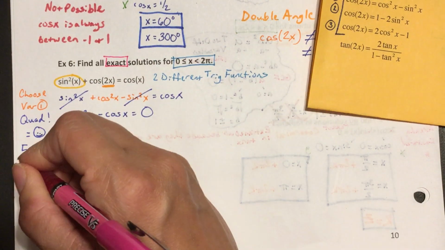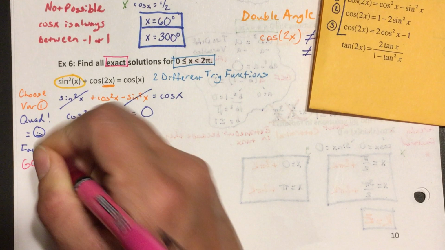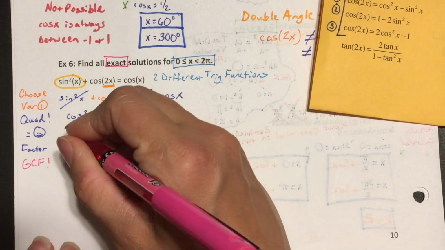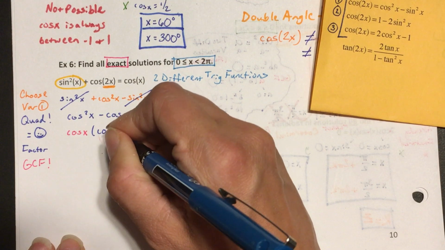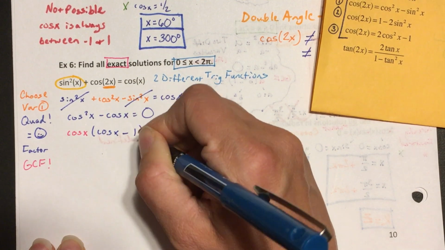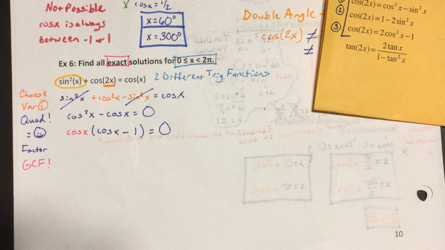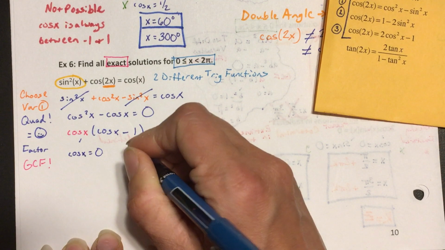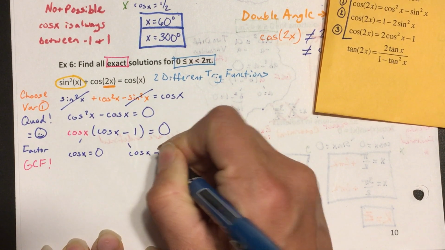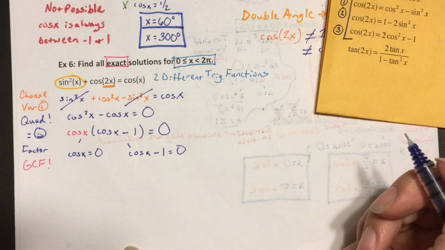Good old GCF. So we're going to take a cosine x out of both of those: cosine x times cosine x minus 1 equals 0. So now, using the zero product property, we set cosine x equal to 0, and we set cosine x minus 1 equal to 0.